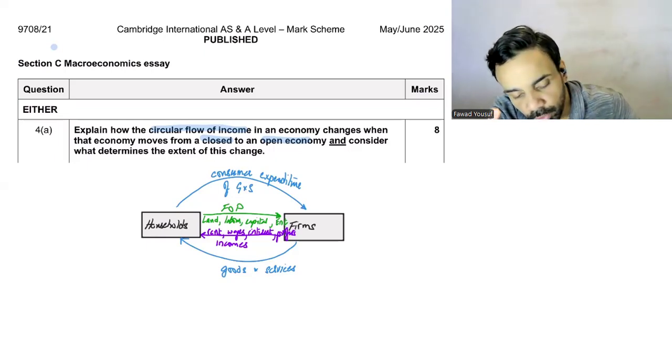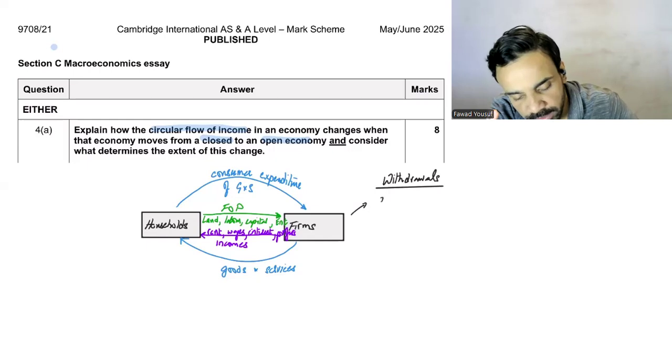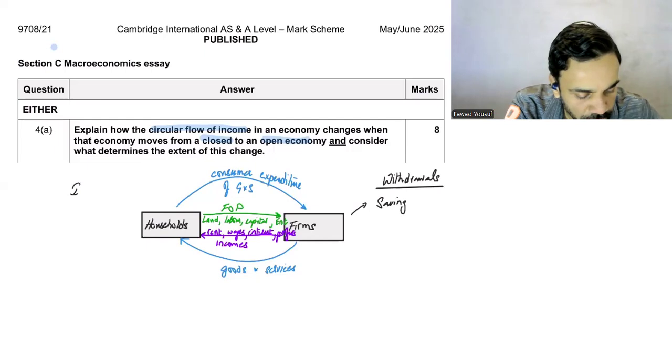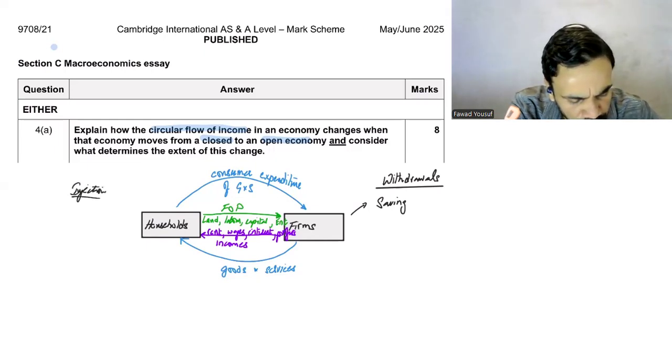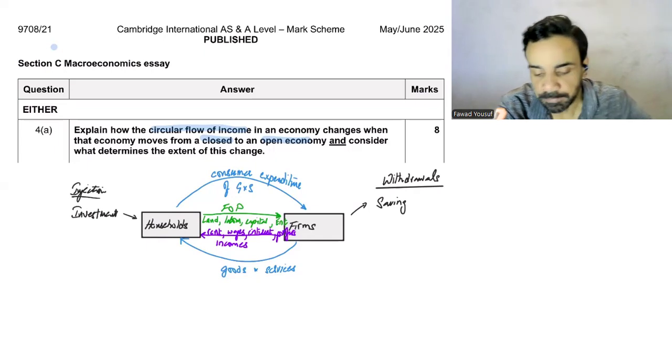So we know that there are some set of withdrawals or the leakages from the system, and they are, say, in a two sector, savings is a withdrawal, and for injections, there's no other name, but in a two sector you have investment as an injection.